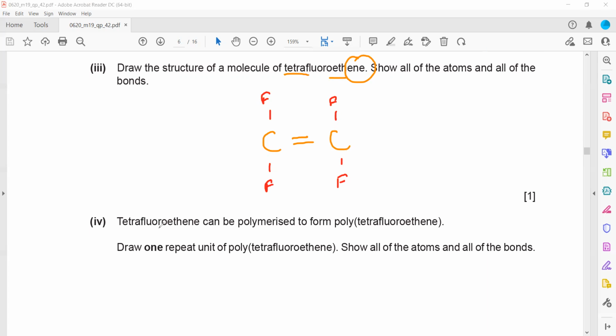If we want to draw a polymer, how to draw a polymer? We will draw the same structure. First, the monomer should appear like the letter H. It is already appearing like the letter H. So to draw a polymer, we will break the double bond.